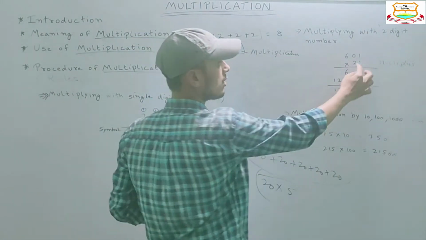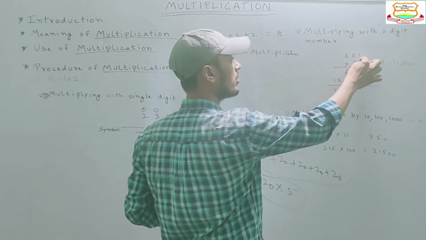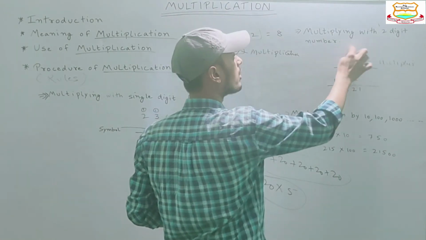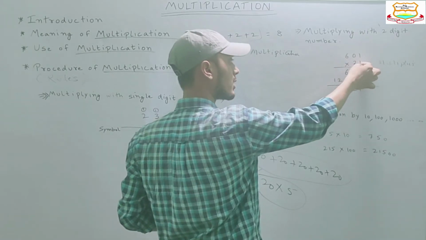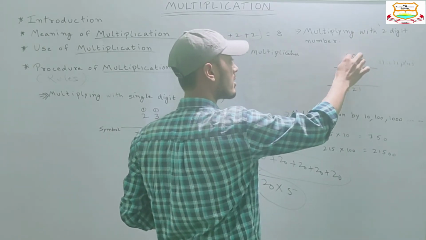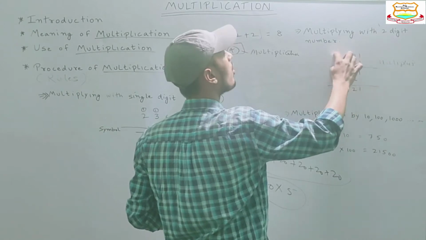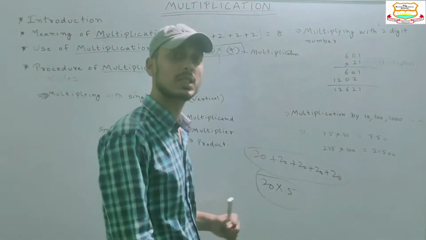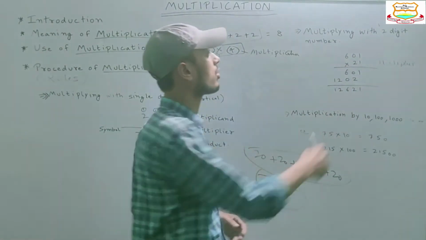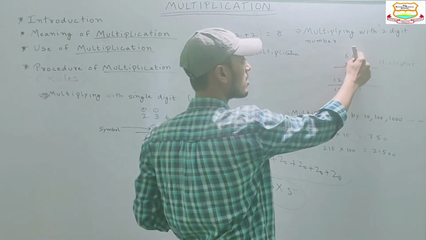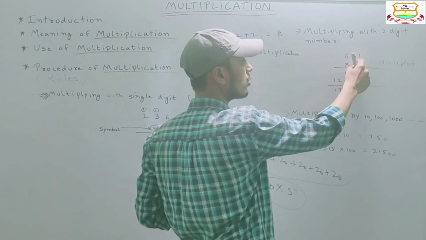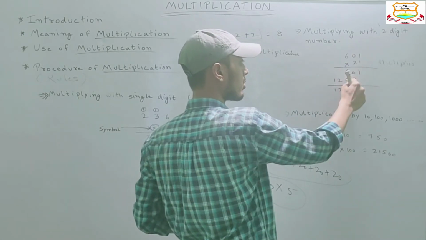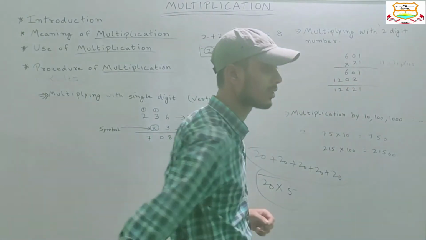See. First you have to multiply the unit digit with all the digits of the multiplicand. After that you have to multiply the tens digit of the multiplier with all the digits of the multiplicand. So 1 one is 1, 1 zero is 0, 1 six is 6. Now with 2: 2 ones are 2, 2 zeros are 0, 2 sixes are 12.